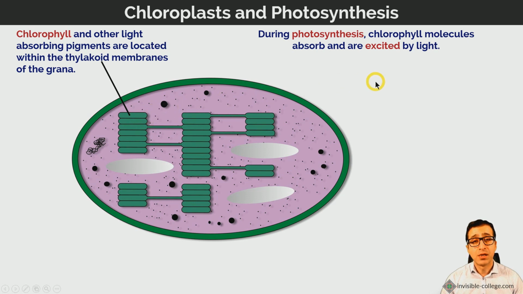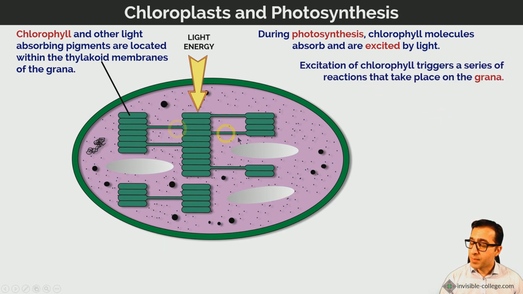Now, during photosynthesis, the chlorophyll molecules will absorb light, and the electrons within those chlorophyll molecules will then be excited to higher energy levels, and then the energy carried by those electrons can then be used to synthesize glucose from carbon dioxide and water. So the light energy comes in this direction, and this is the reason why the thylakoids are stacked in this way. It's to maximize the absorption of light energy.